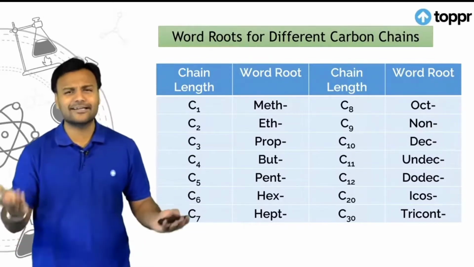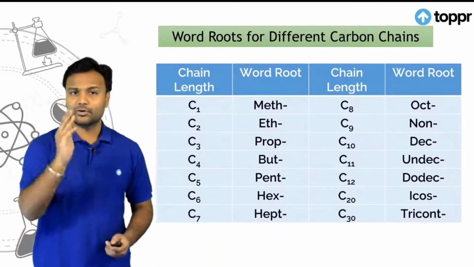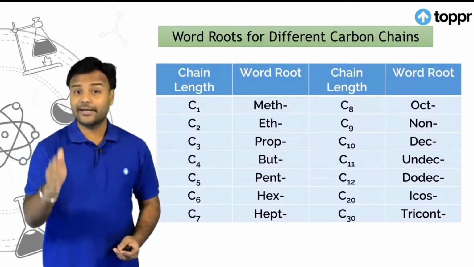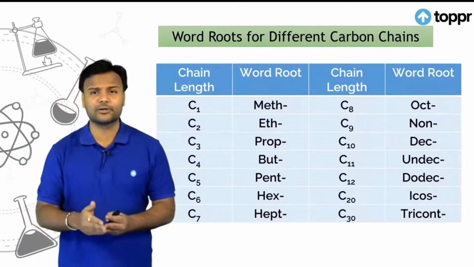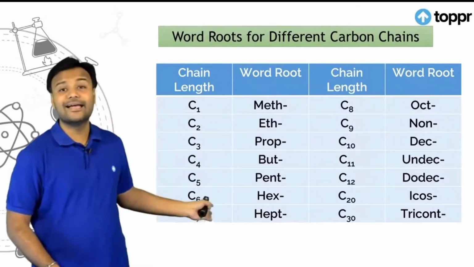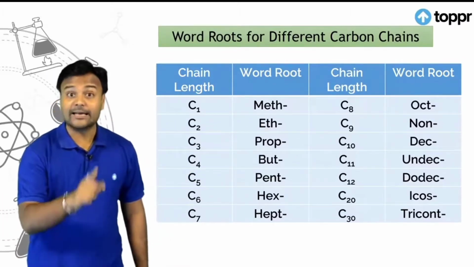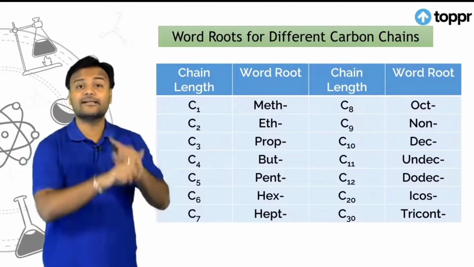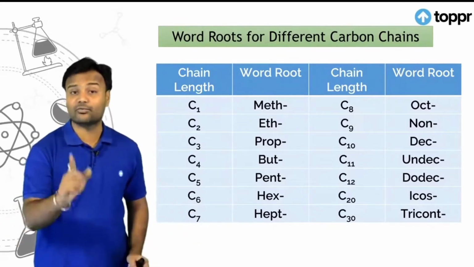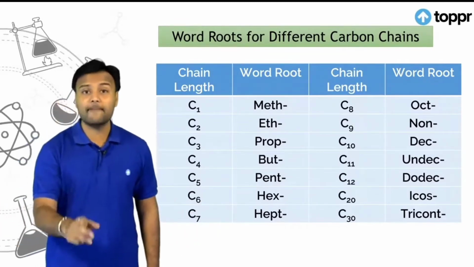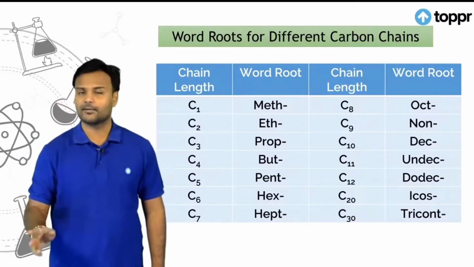Alk is nothing but alkane, whatever it can be. So if you see 2 carbons, eth; 3 carbons, prop; 4 carbons, but; and so on, you can see how we name a word root. This depends upon the number of carbons present in the longest continuous chain. This is very, very important to name a word root.